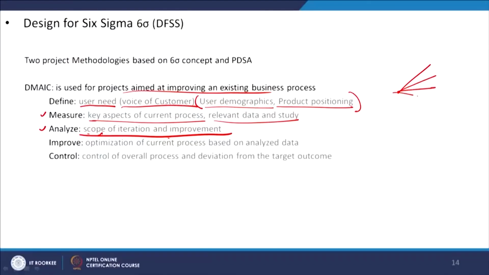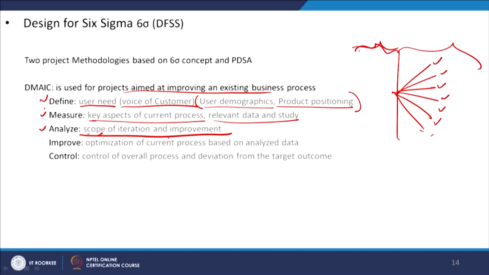So that is this stage. These are kind of similar to generating multiple ideas. When they are thinking about the scope of iterations, they are actually diverging into different ideas and different scopes, and then they start thinking whether this is leading to improvement or not. So this is the solution process, and the problem identification is define and measure.